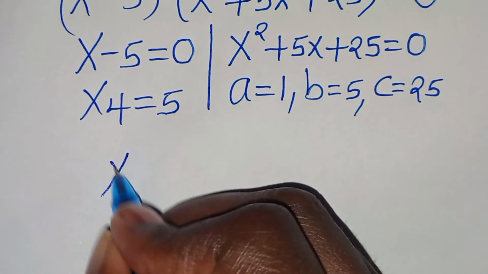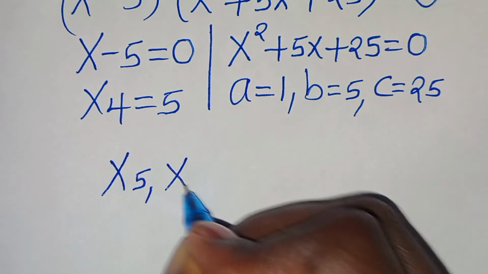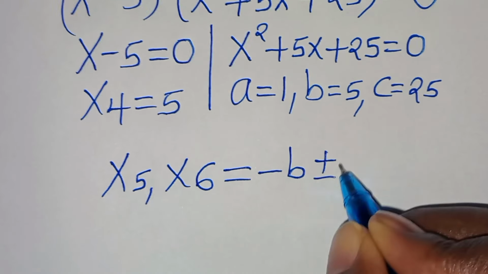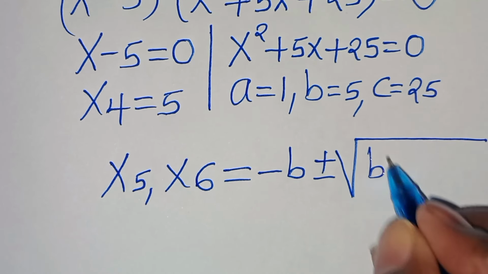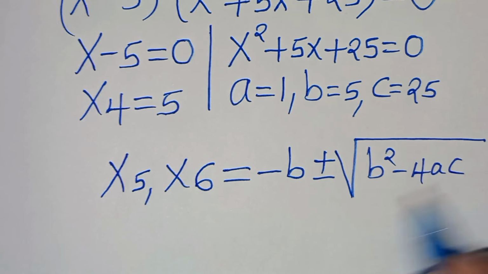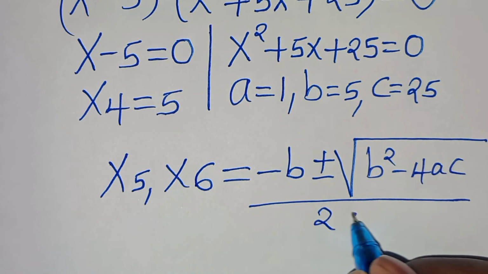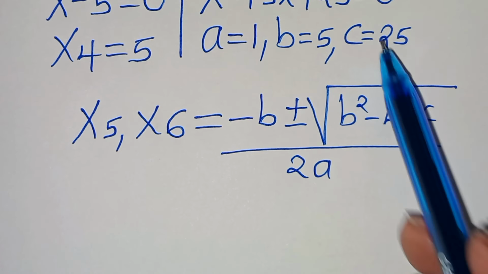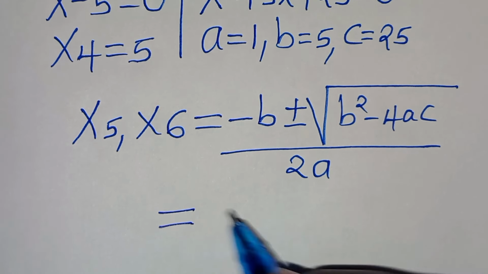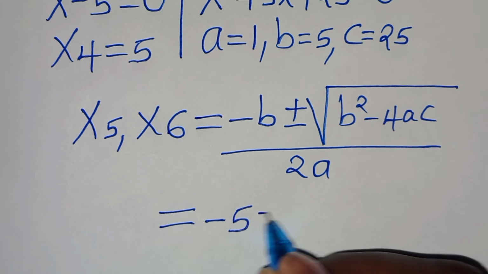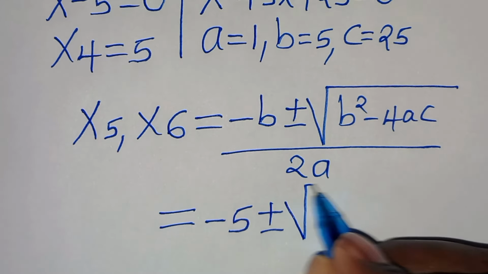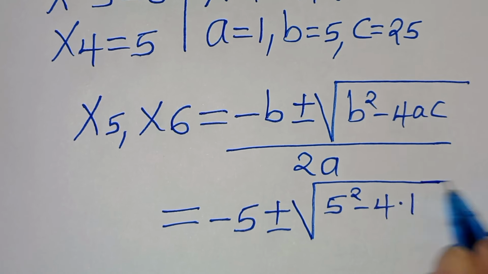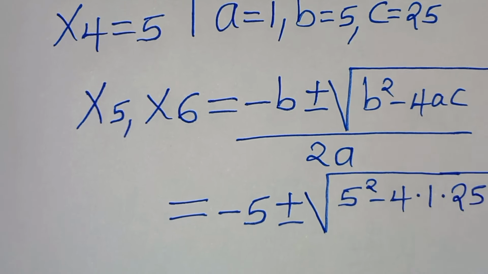So we can solve for x5, x6 by applying the quadratic formula, which is minus b plus or minus the square root of b squared minus 4ac, everything here divided by 2 times a. So let's substitute the values of a, b, and c into this formula, so that we have minus 5 plus or minus the square root of 5 squared minus 4 times a, which is 1, then times c, which is 25.